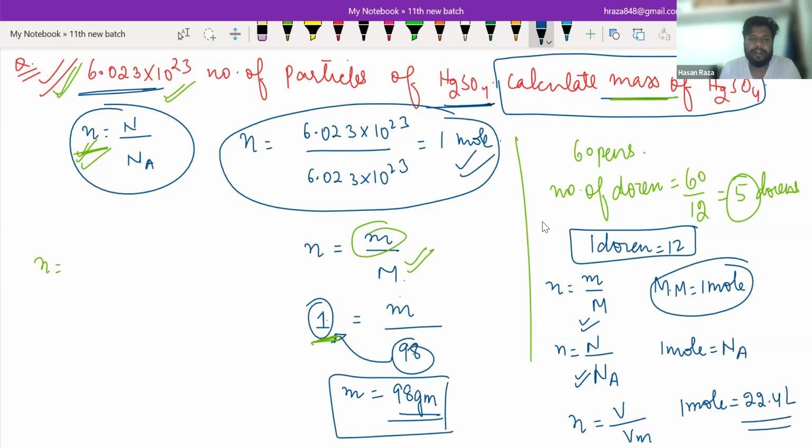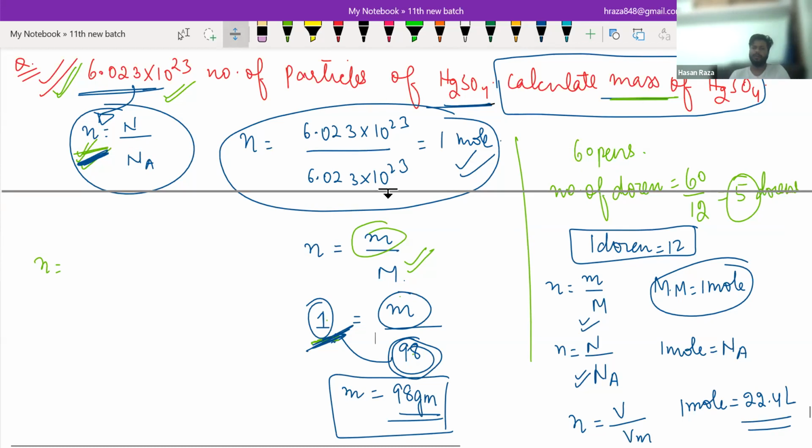So we calculated the number of moles with the help of the given number of particles, and then we used the value of n in the molar mass formula, and we can calculate M. So please write it down, and let me give another question on this basis, and then I will move to the next concept.